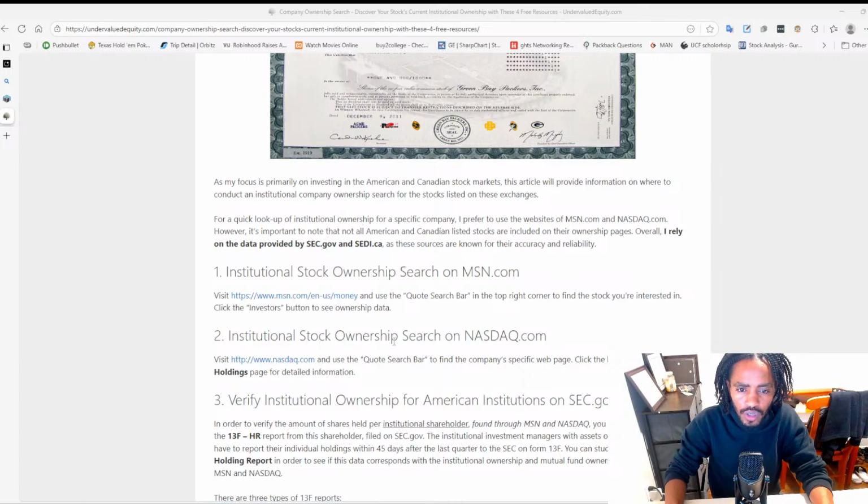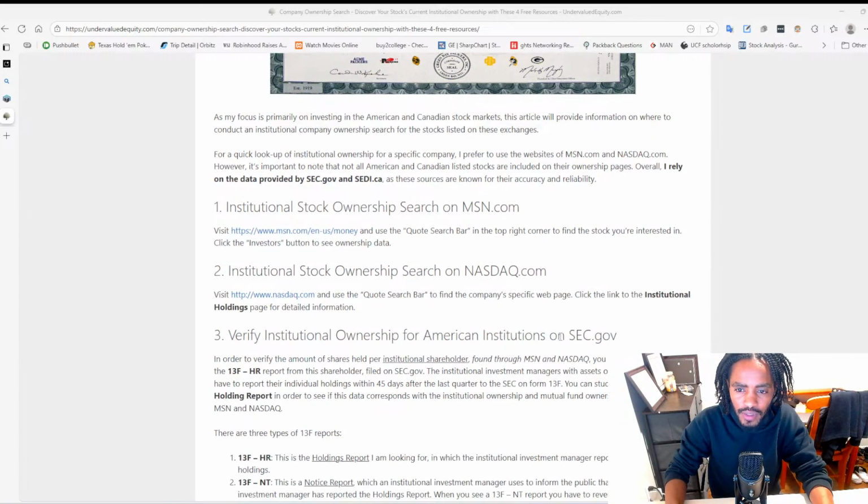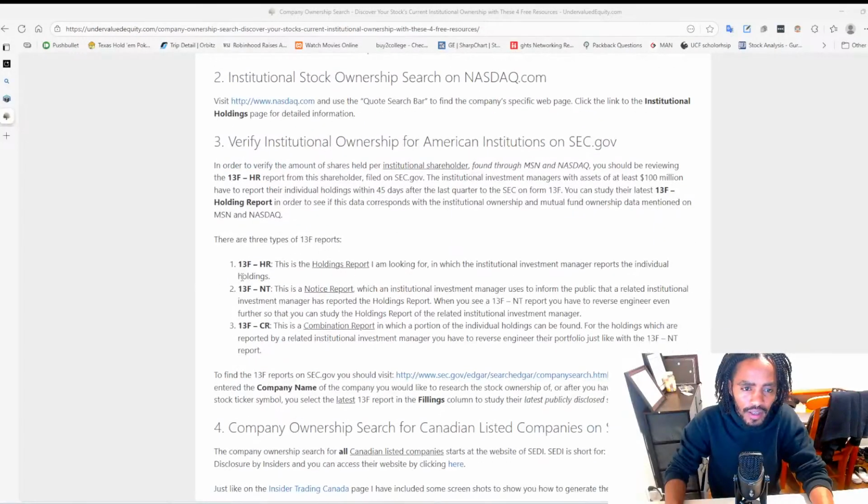You got Nasdaq. You got verify institutional ownership for American institutions on SEC.gov. 13F, I think. This is the holding report I'm looking for. 13F-NT, this is the notice report, which an institution investment manager uses to inform the public that a related institution investment manager has reported.